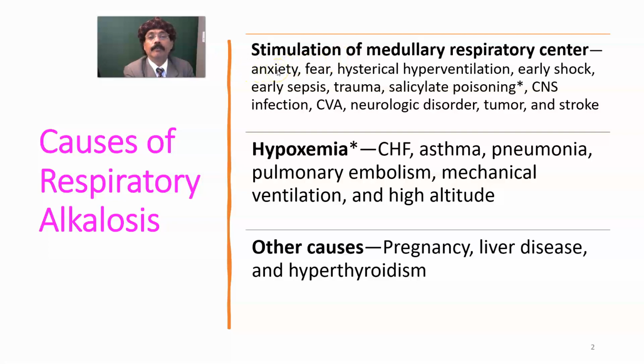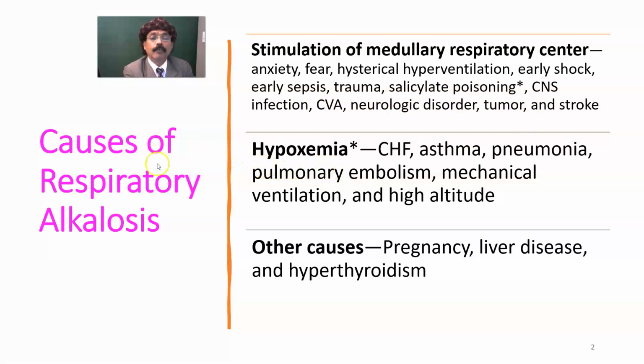It may be test anxiety or job interview anxiety, fear due to any reason, hysterical hyperventilation, early shock, early sepsis, trauma, salicylate poisoning. Salicylate is an acid; it also causes metabolic acidosis. Other causes are CNS infection, cerebrovascular accident, neurologic disorder, tumor, and stroke.